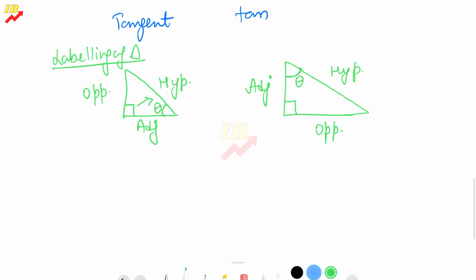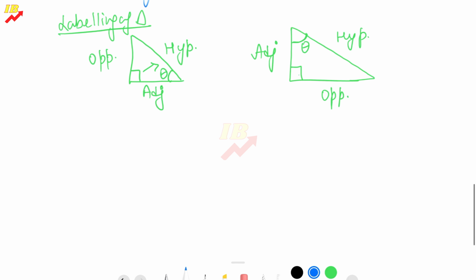Now I'm coming back to SOHCAHTOA. Again I'm rewriting these ratios. Sine theta is the ratio that you're finding with respect to the angle theta, and it is equal to opposite over hypotenuse, right?